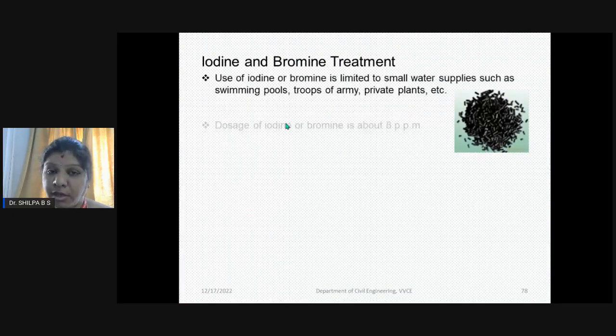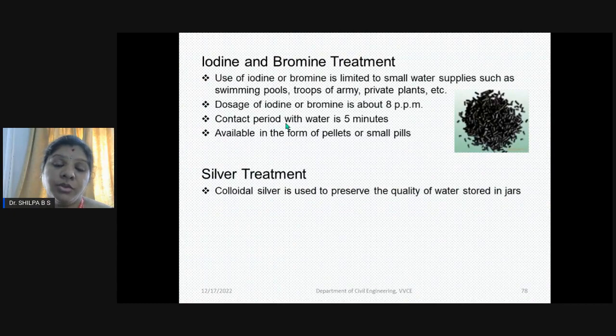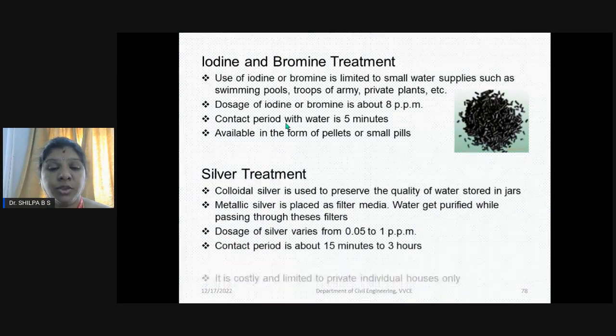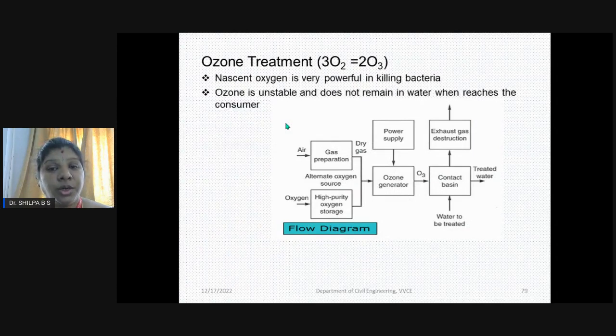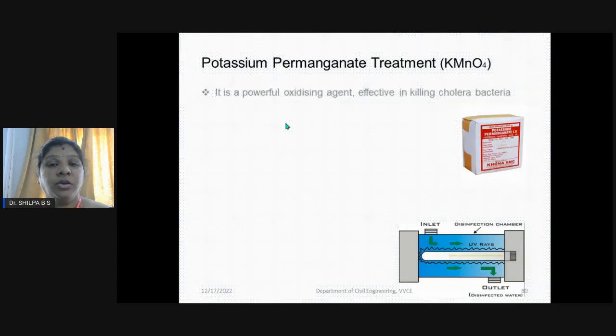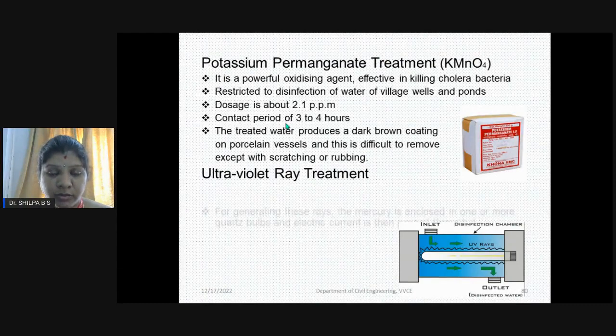Iodine and bromine treatment, silver treatment, and even ozone treatment can be used to disinfect water. Each method has its own advantages and disadvantages.